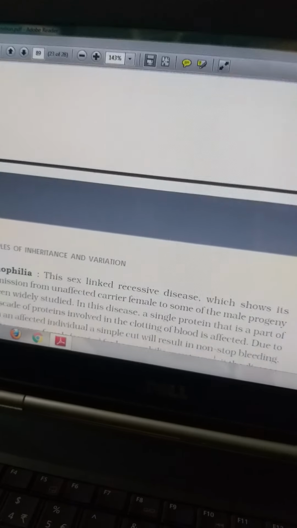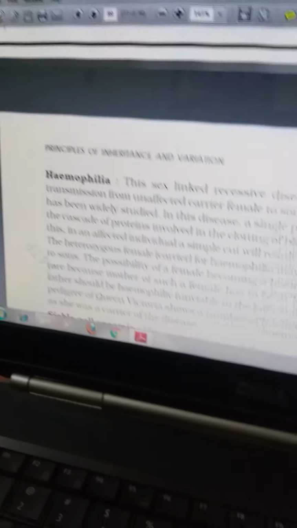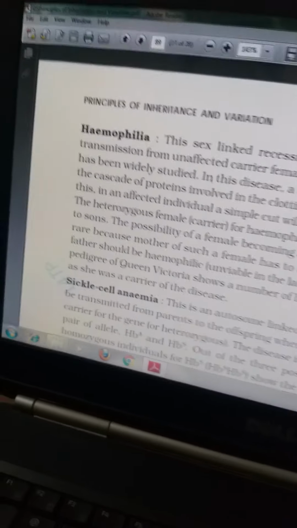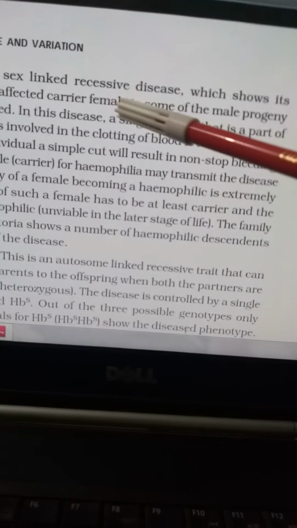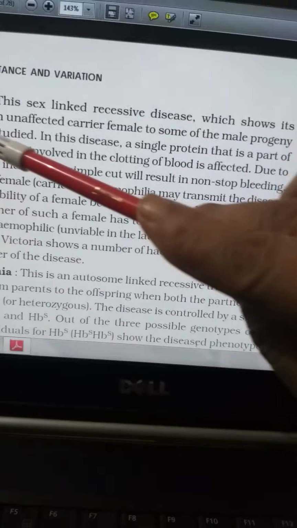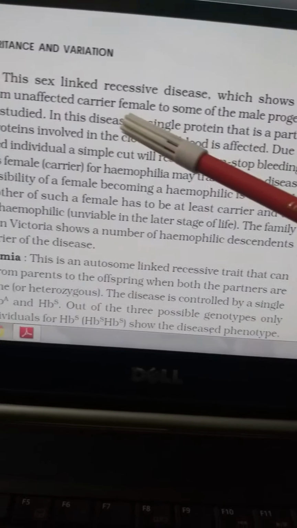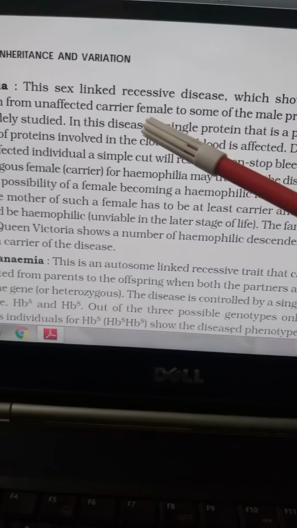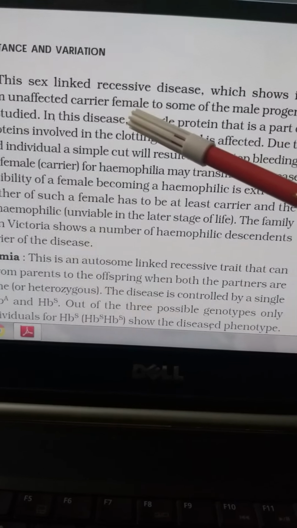Now if we go through hemophilia, what is basically hemophilia? This is a sex-linked recessive disease that shows transmission from an unaffected carrier female. That means the female, XX, is in the homozygous condition. If one of the X's is carrying it, it will not show the disease.